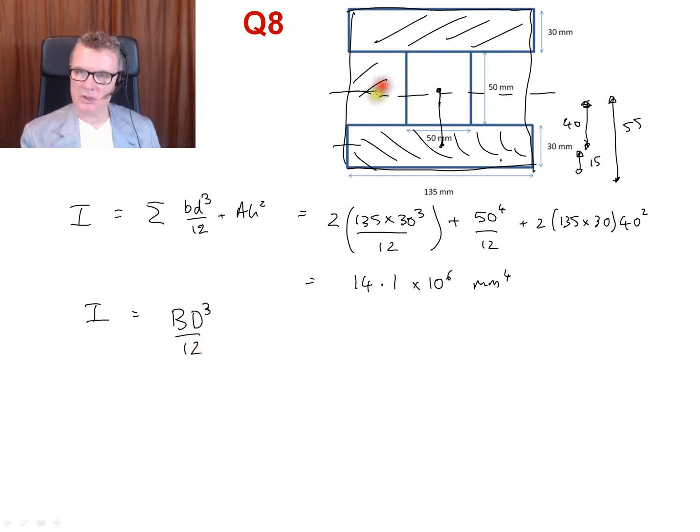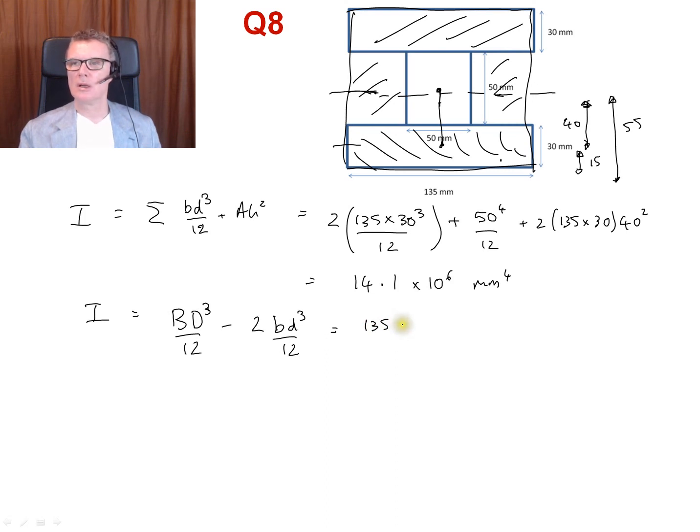And then we've got these two sections here, which are two smaller boxes, and their centroids are also lining up. We need to take them away because they're void. So minus 2, little b, little d to the power 3 over 12. So the big B is 135. The big D is 110.